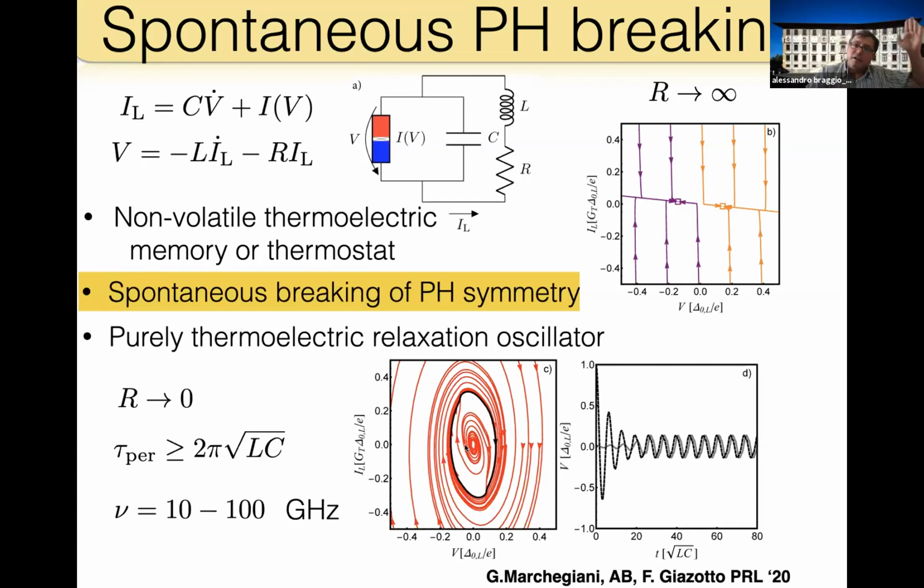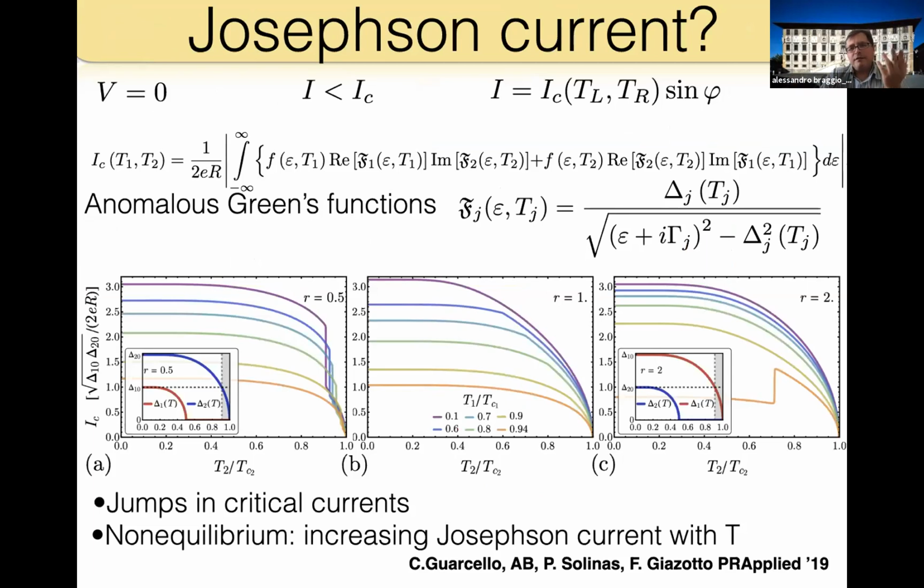Now the question for you will be, is the Josephson effect destroying the thermoelectricity? Essentially the same as Ginzburg quoted a long time ago in his original paper. And we studied this effect with the critical current. And it's funny, because the critical current also has an intriguing effect when you have a temperature gradient. You see in this picture that increasing the temperature on one side, the hot side, you have an increase of the critical current.